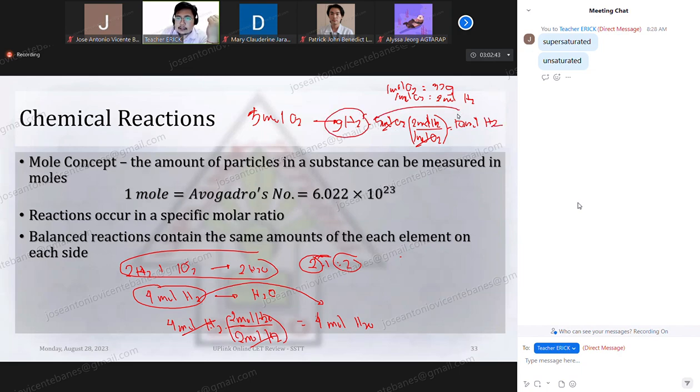For every 1 mole of hydrogen gas or H2, there are 2 grams. Now, if you're given 10 moles of H2, 10 moles times 2 grams is equal to 20 divided by 1. Then we're going to have a total of 20 grams of H2.